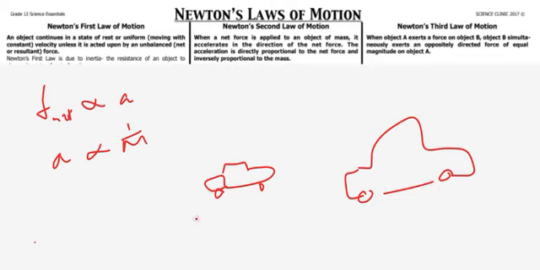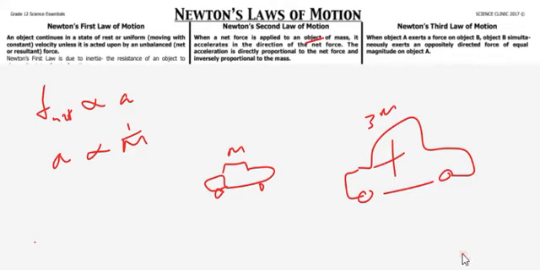Why is that so? Because they have different mass. If this one has mass m and this one maybe has 3m, because it's a real car. He also mentioned that how fast your car will speed up depends on how much mass the car, or the object in this case, has, because he keeps on calling my cars objects.